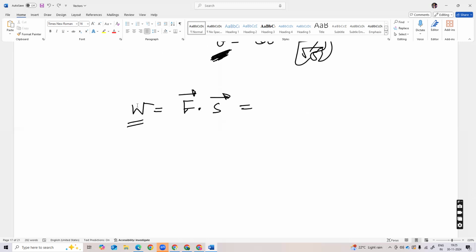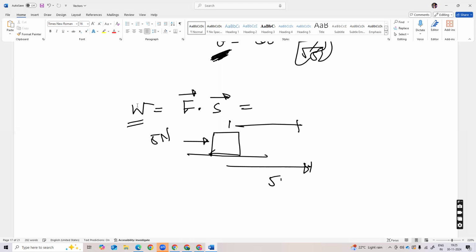If you have a body, you are applying 5 Newton force and it has displaced by 5 meters in this direction, then work can be given as: here force is in, let's say, x direction, which is represented by unit vector i, so force is 5i.